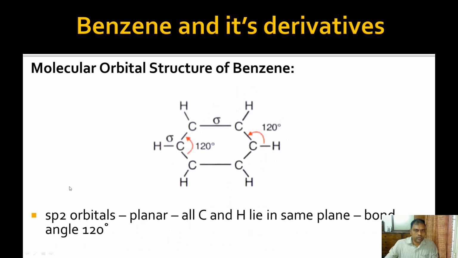Now, because of this, the cyclic structure is formed, and this structure is planar. This structure is flat. It remains flat, and the bond angle between CC and CH is going to be 120 degrees.